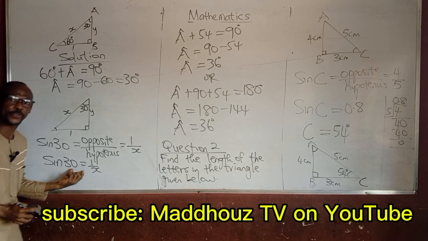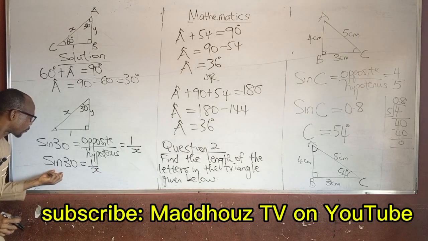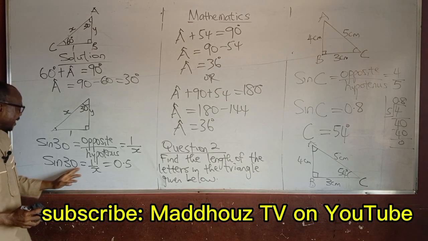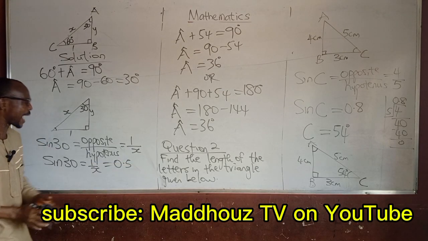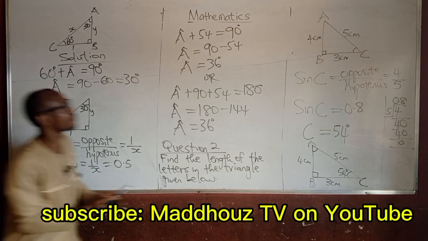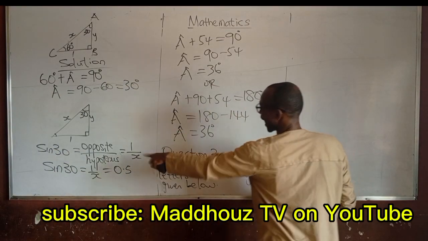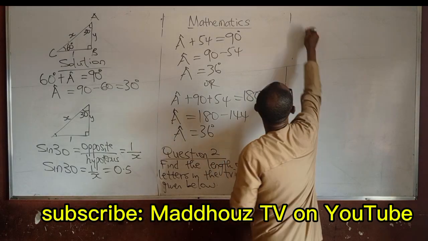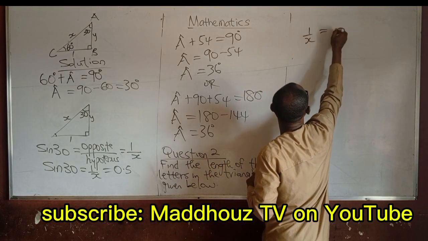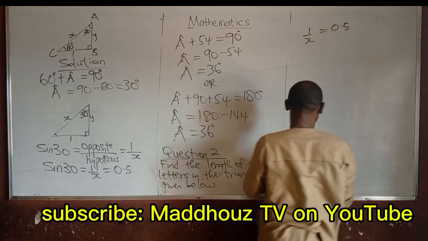If we go to our four-figure table and look for the value of sine 30, sine 30 is 0.5. So now, 1 over x is equal to 0.5.